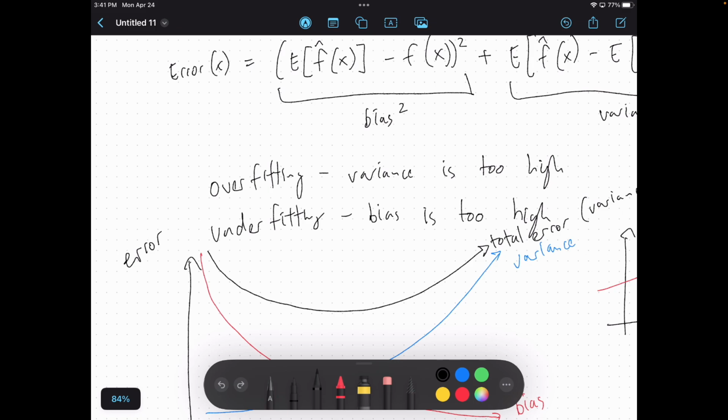I didn't catch what she said. Oh, so one of the ways to interpret this, sorry, can you say that again?